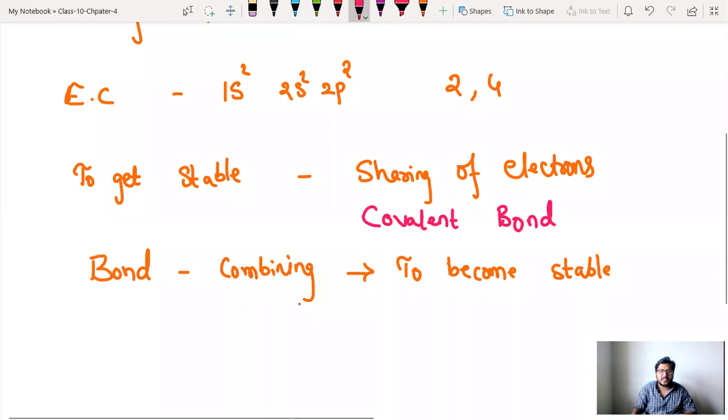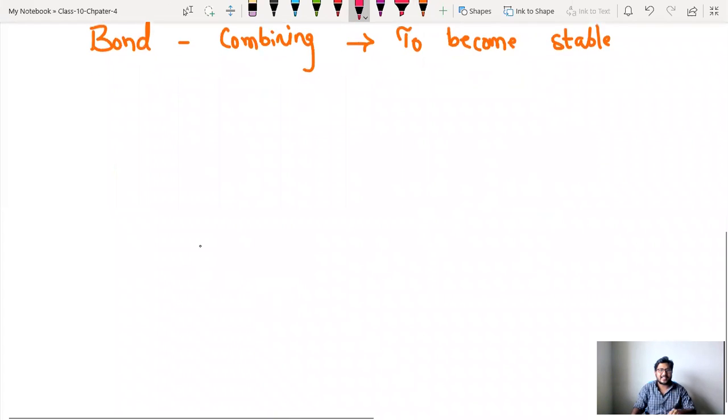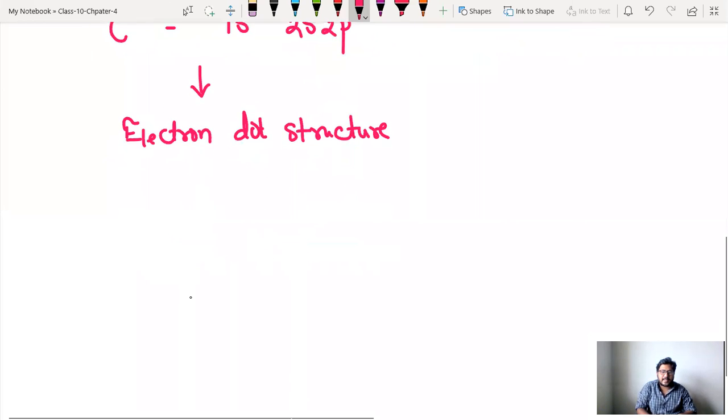Now, few things you need to keep in your mind. First, let us try to understand this carbon. Guys, carbon, its electronic configuration is 1s2, 2s2, 2p2. You need to represent its electron dot structure. So whenever they are saying electron dot structure, you can remember your ninth class diagram.